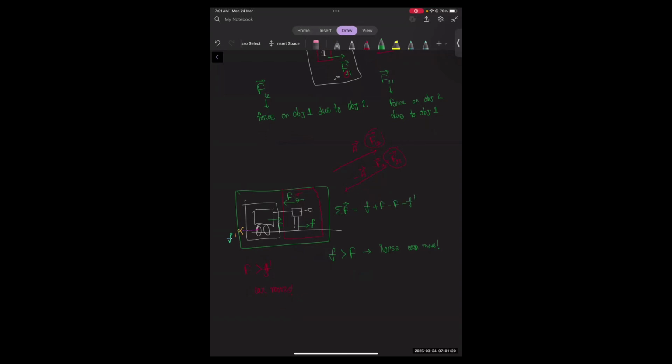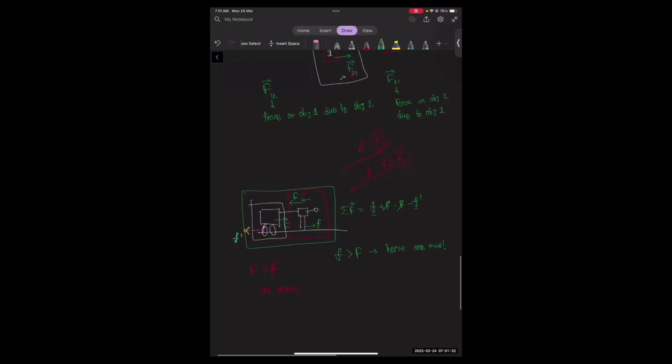If you think about it carefully, because there are friction forces, this and this cancel out as expected. The internal forces cancel out, but these two friction forces don't. So you basically have F minus F prime, and that will be equal to M times A, the total mass times A, the total acceleration of the whole body.